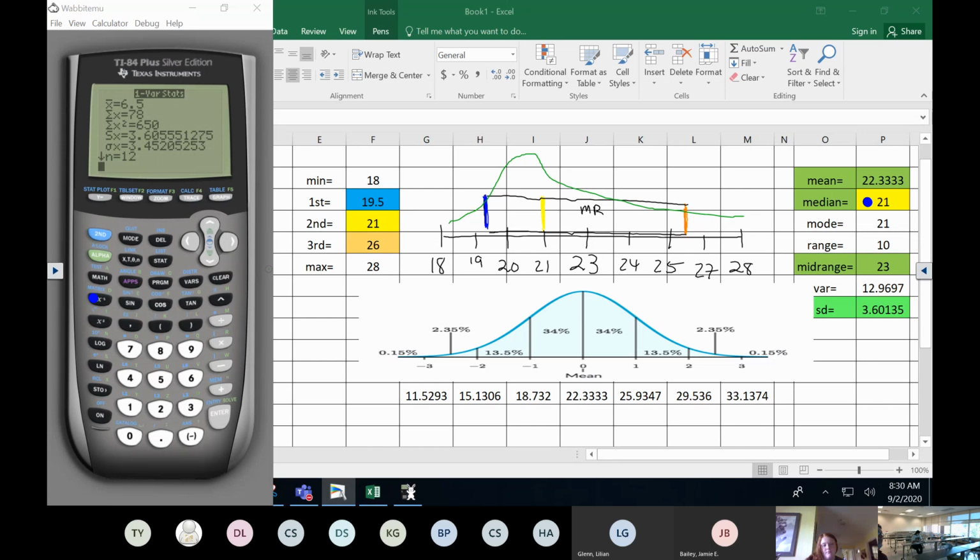Now, if you want to graph a box plot, I'll show you how to do it, but if you have to, you need to refer back to this. We're going to go over questions probably Friday, so you're probably going to see this again.